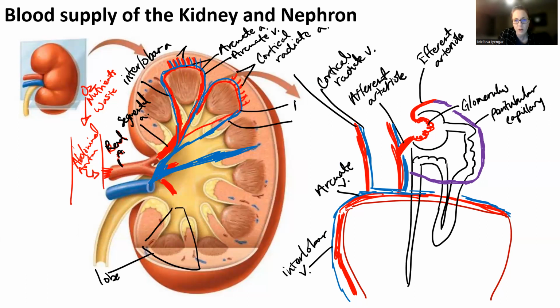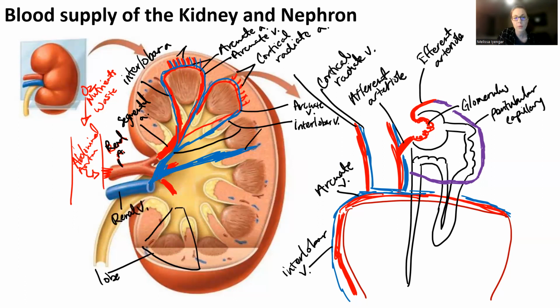I'm going to also say this is the arcuate vein. And then we have our interlobar vein. Now here's where it becomes different. So the interlobar vein actually continues all the way down from the renal columns through the renal pelvic area, and actually all of the interlobar veins, so that's also an interlobar vein right there, drain into the renal vein.